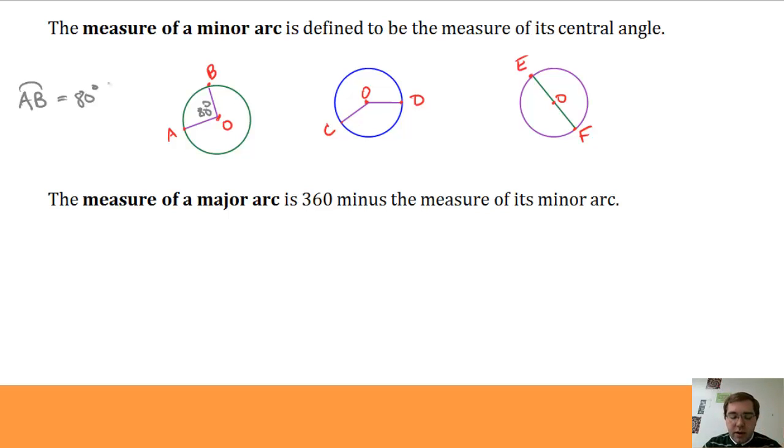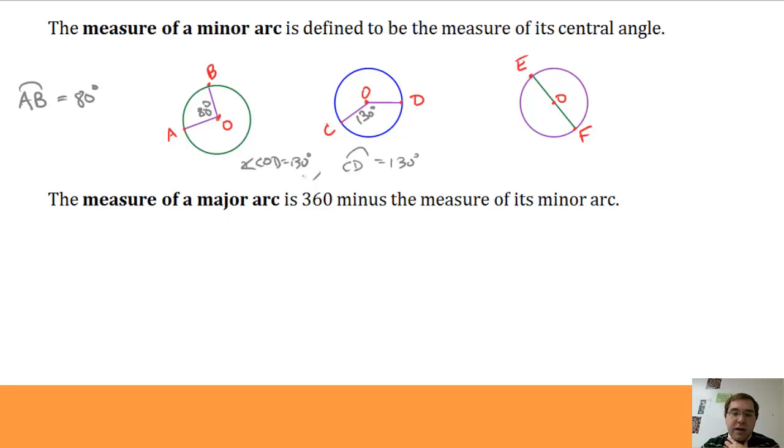The measure of the minor arc is equal to the central angle that forms it. So if angle COD over here is 130 degrees, then we would say arc CD equals 130 degrees as well.